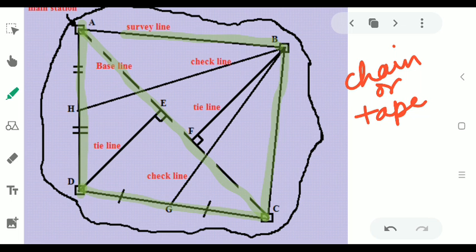After that, with the help of tie lines which are perpendicular to the baseline, all the other details, suppose here is a plot, इस एरिया में अगर कोई खाली प्लॉट है, ठीक है, तो उसकी डिटेल को लोकेट करने के लिए we will use these offsets.